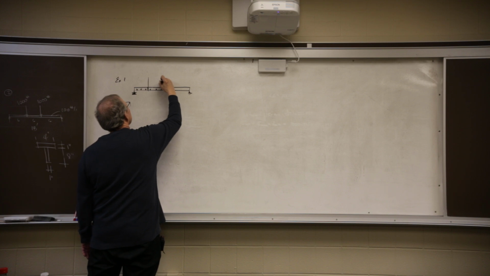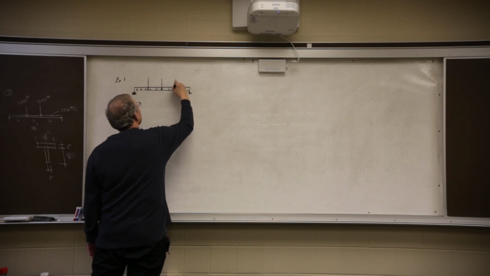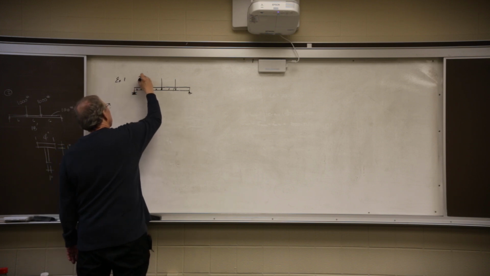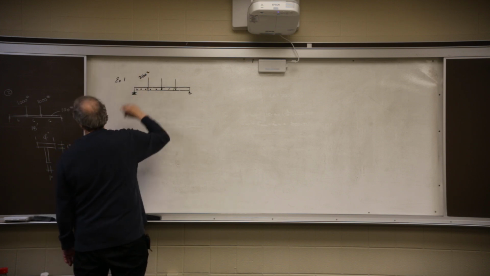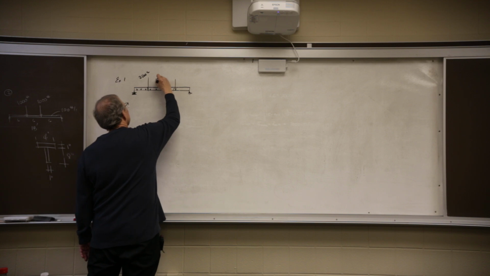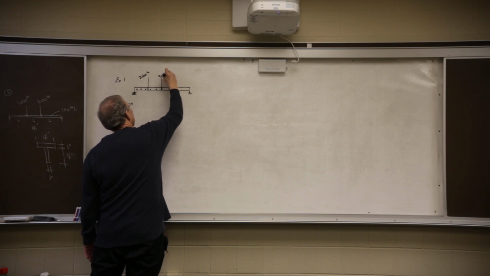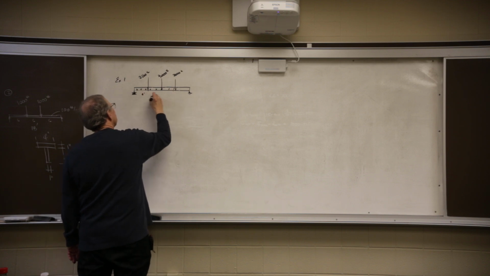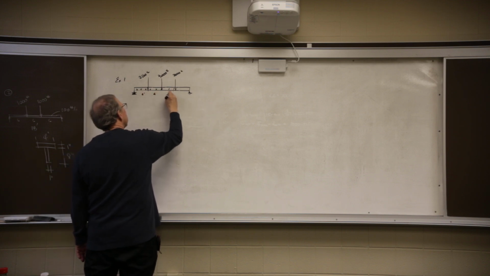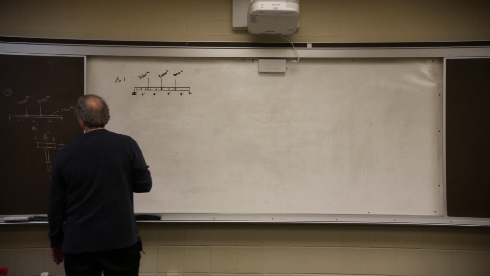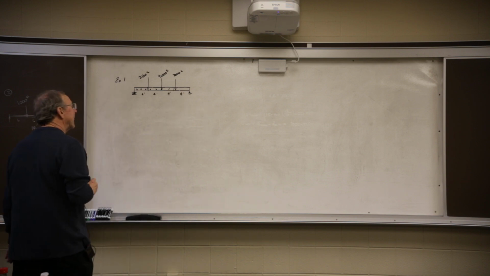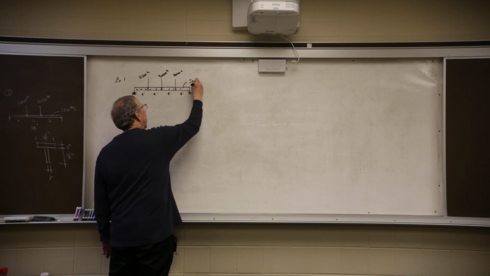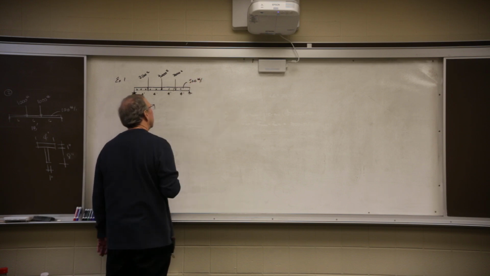So I got 1, 2, 3 point loads, and they are 2,500 pounds, 3,000 and 2,000. And they're 4 foot apart. And we've got a uniformly distributed load of 500 pounds per foot.